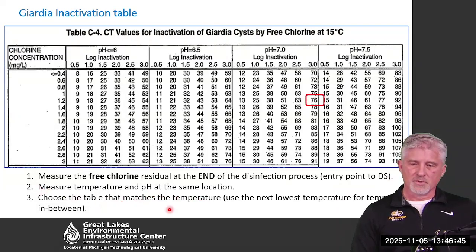Then we choose the table that matches the temperature, using the next lowest for temperatures in between. So for instance, we're looking at a pH of 7 and a chlorine concentration of 1.2. That puts us right there at 76 to get 3 log inactivation.